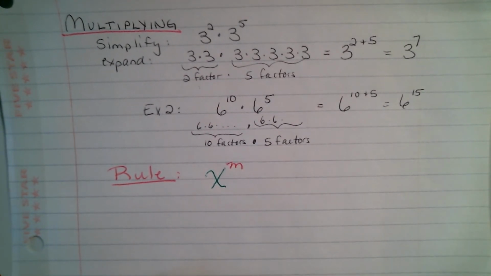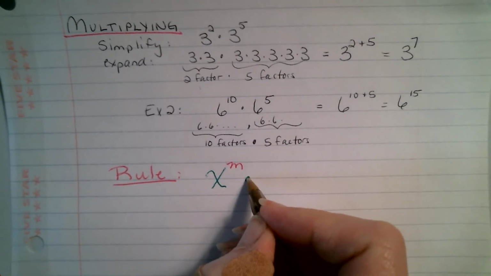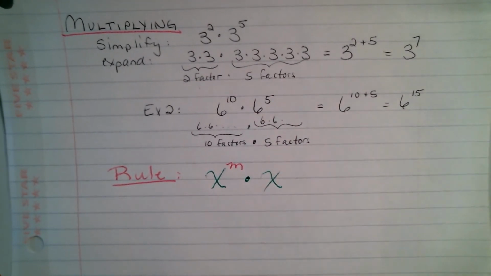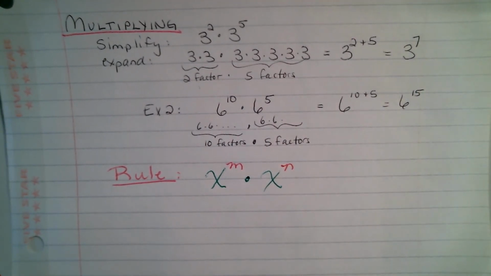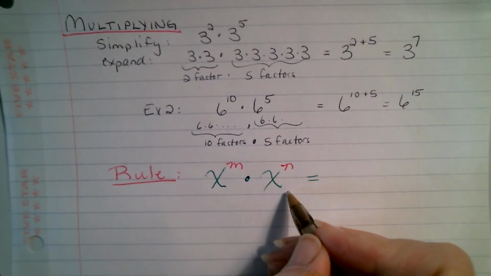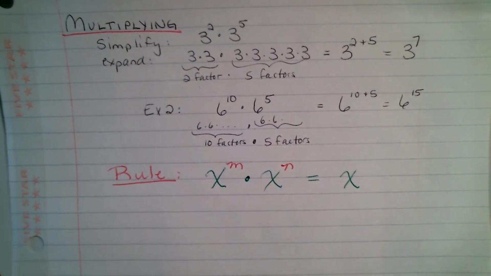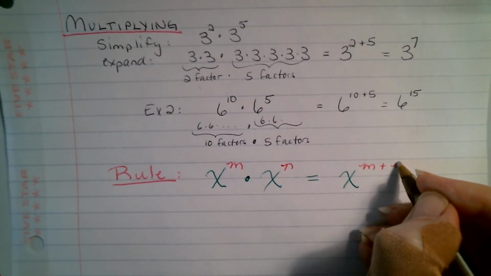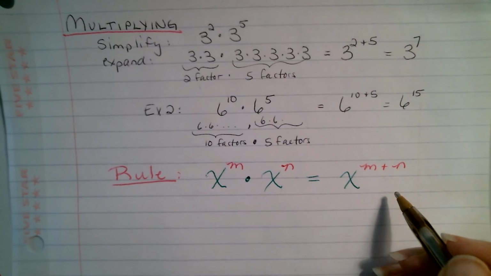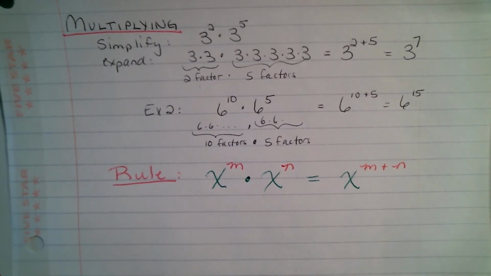We tend to see m and n or a and b used a lot, times x raised to the n power. What's our shortcut? Well, so long as they have the same base, keep the base and add those exponents together that tell us how many factors altogether we would have, right?